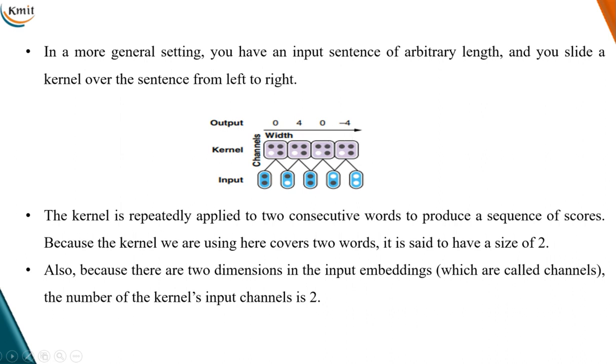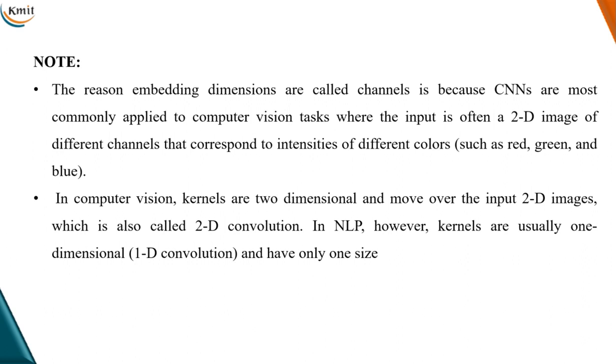Here the kernel covers 2 words, so it is said to have a size of 2. Also, because there are 2 dimensions in the input embeddings, the number of the kernel's input channels is 2 here. Note that the reason embedding dimensions are called channels is because CNNs are most commonly applied to computer vision tasks, where the input is often a 2D image with different channels that correspond to different intensities of different colors.